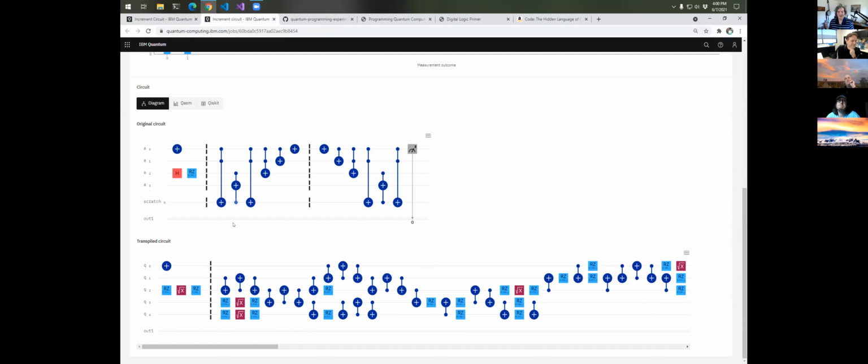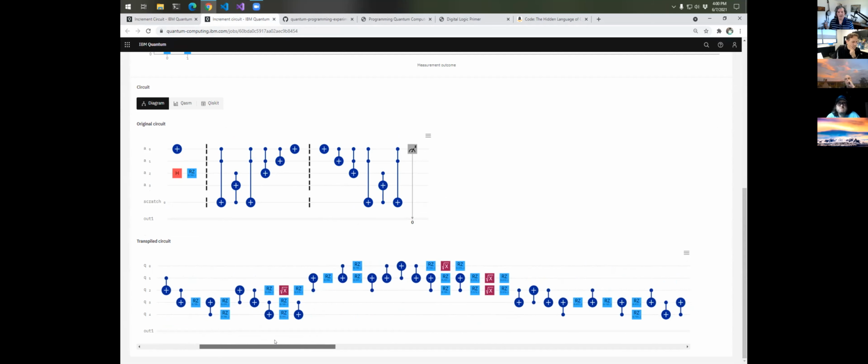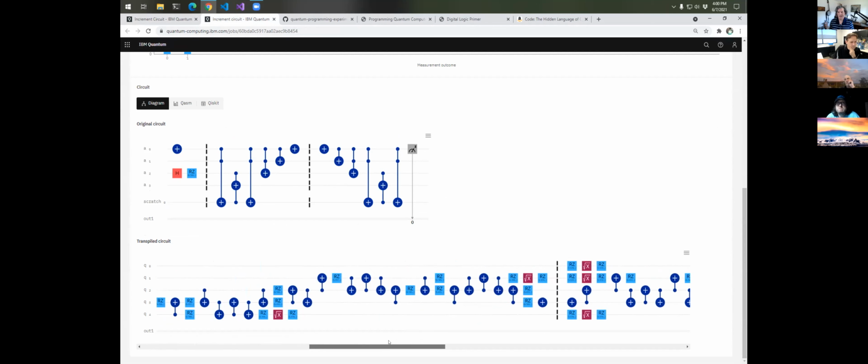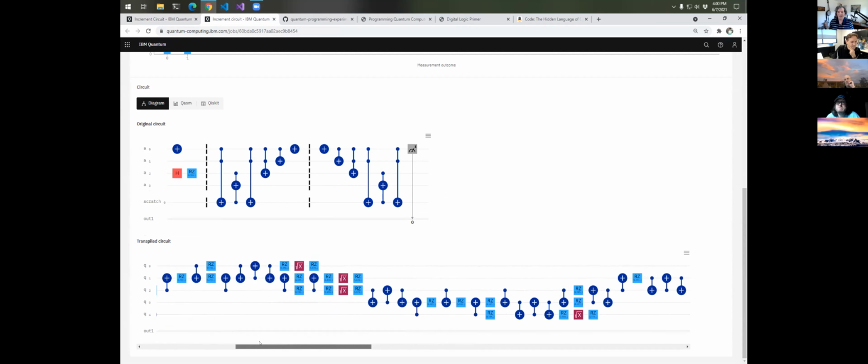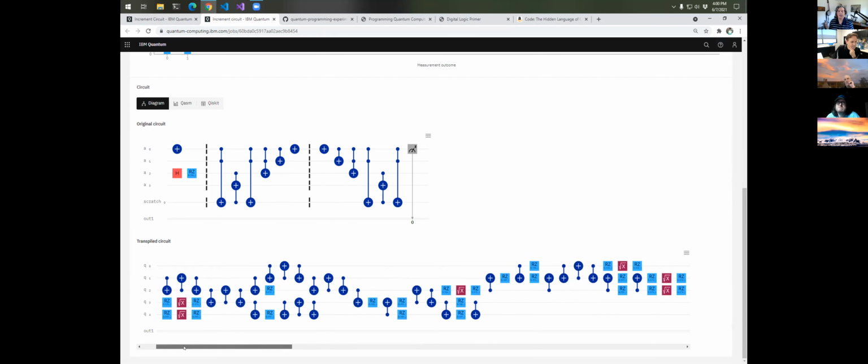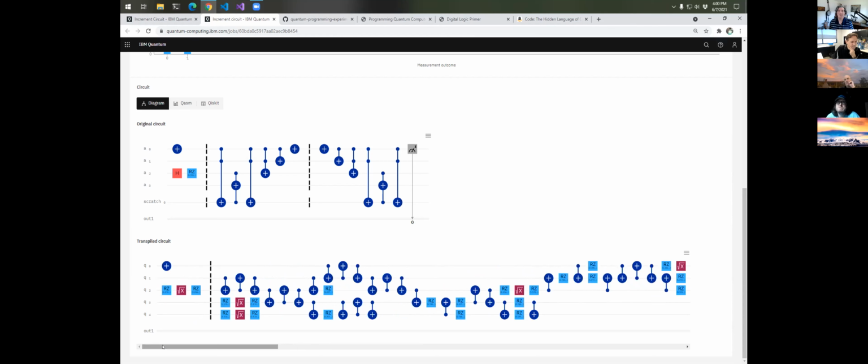So what's interesting is you can see the barrier here, and if I scroll in the transpiled circuit, this is the next barrier. So it took these 6 operations and just ended up turning them into a whole bunch of operations. So the transpiling is kind of insane on this.